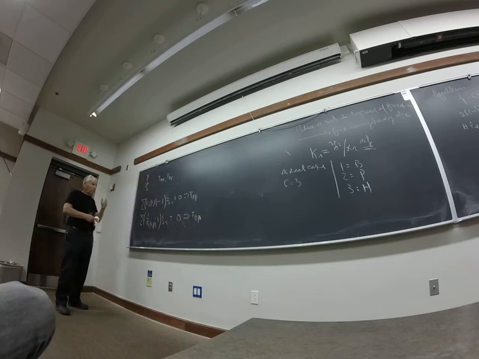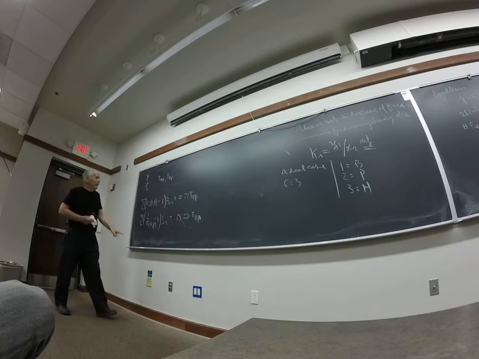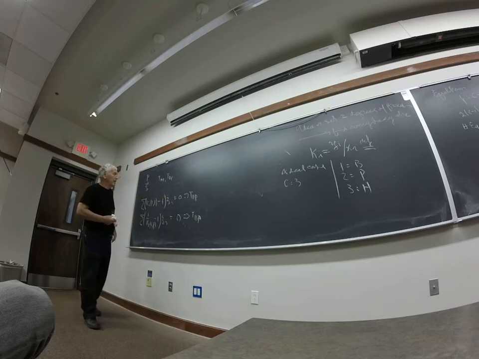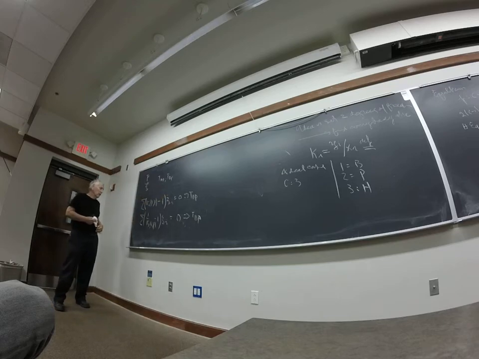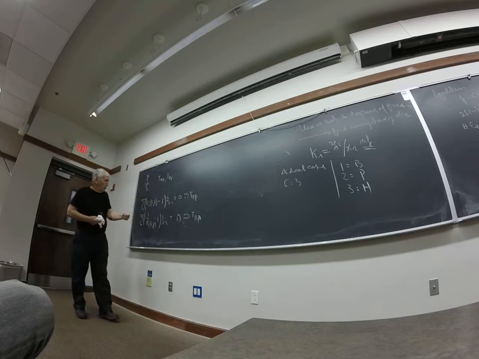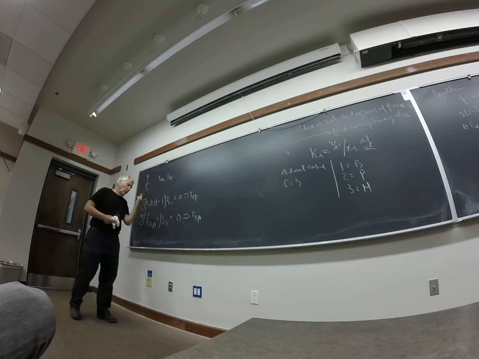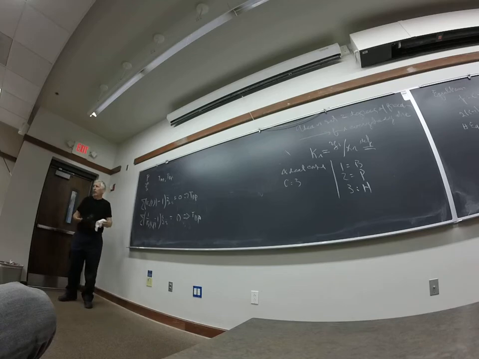Now, Z's are the compositions you're interested in. It doesn't say anything about whether these Z's are liquids or vapors. But if I'm doing a bubble point, these Z's will be X's, and this temperature will be the temperature at which the first bubble appears. If I'm doing a dew point, these Z's will be Y's, and this temperature will be the temperature at which the first drop of liquid appears, all right?